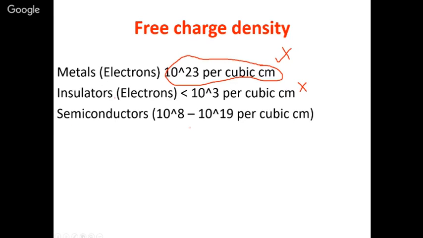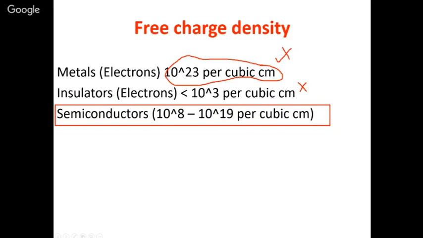But in case of semiconductors, 10 to the power 8 to 10 to the power 19 electrons per cubic centimeter are there. It can be varied by the process called doping.